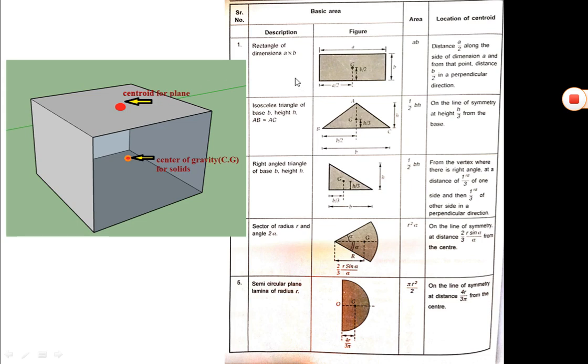Okay, now come to the centroid point of the plane for different geometrical forms. First, the rectangle.